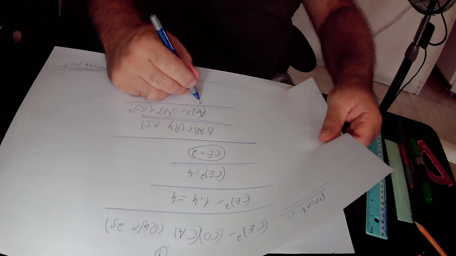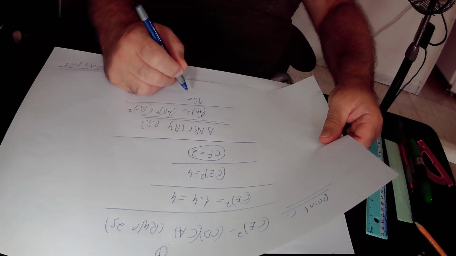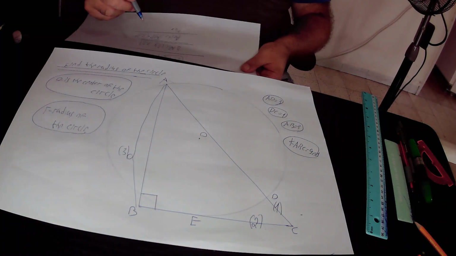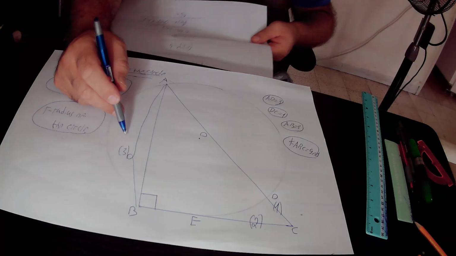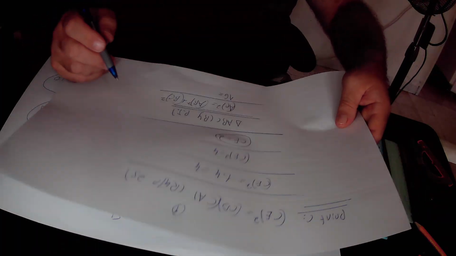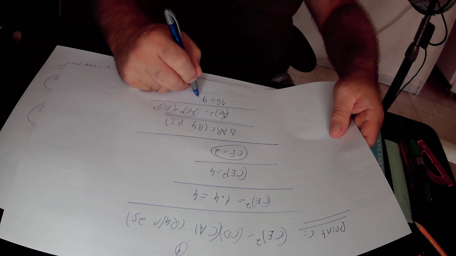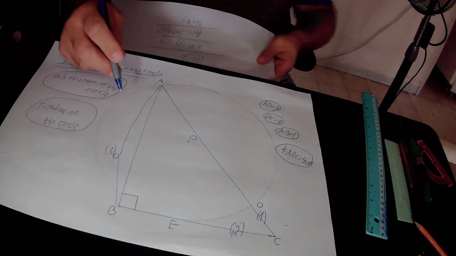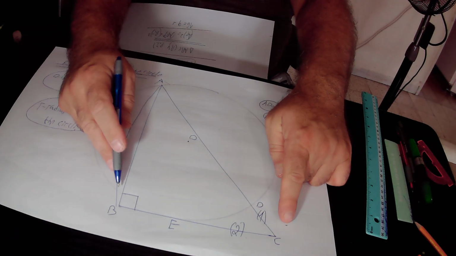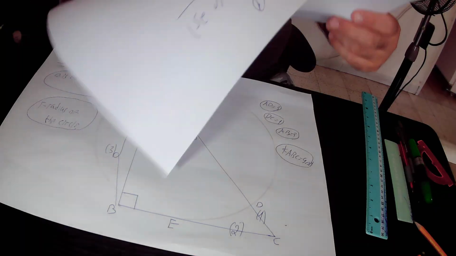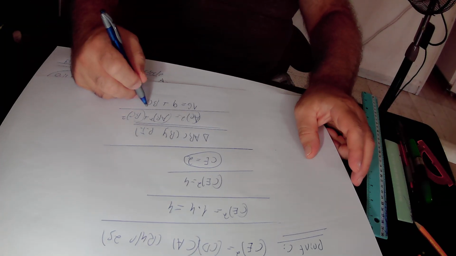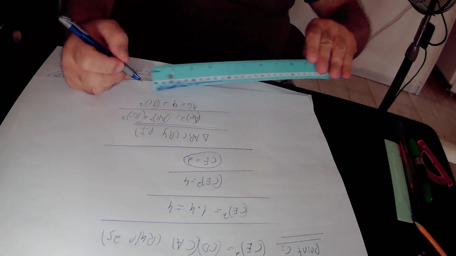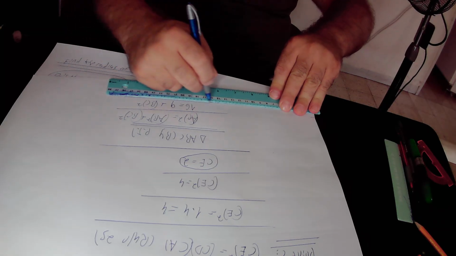So AC squared equals 16, and it equals AB squared. AB is 3, therefore AB squared is 3 squared, that is 9. Plus BC squared. BC is the missing side, so we leave it as it is. So in total, we found that 16 equals 9 plus BC squared.